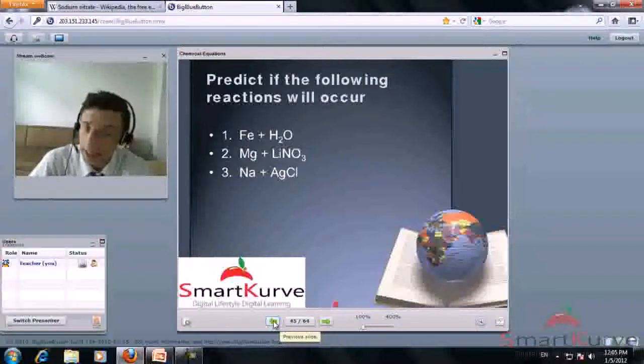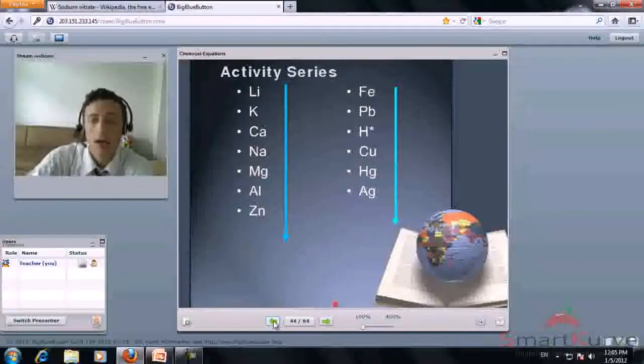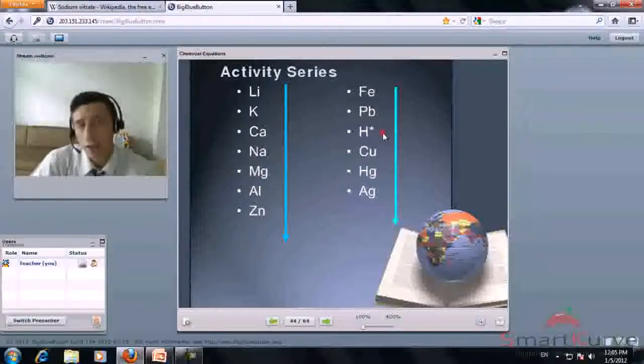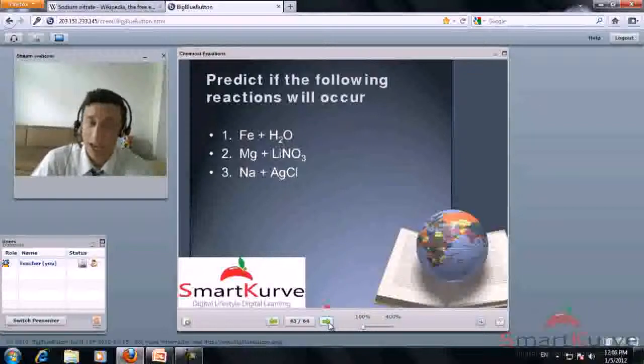Well, let's take a look at our series. Notice the iron is right here. The hydrogen is 2 spots below iron. That means that iron is more reactive than hydrogen. So the answer is yes.